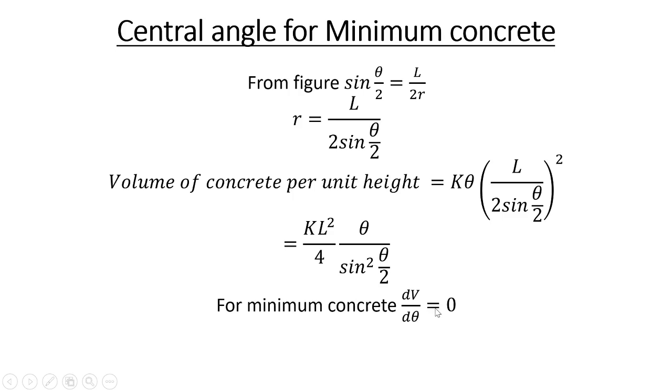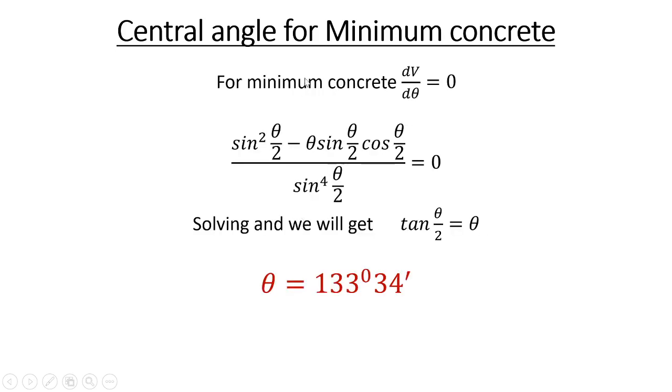Now we are going to take the derivative of this volume quantity with respect to theta. Taking the derivative according to the quotient rule, you will get this equation and that is equal to 0. While solving this equation, you will come across the final result, tan theta by 2 equal to theta.